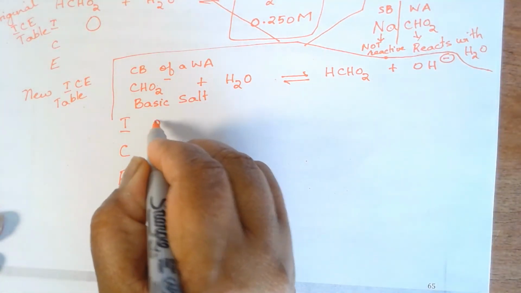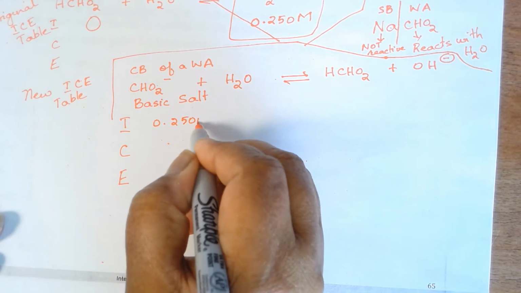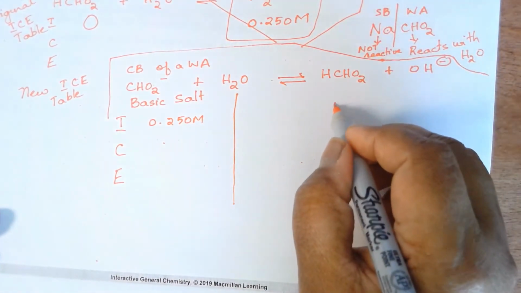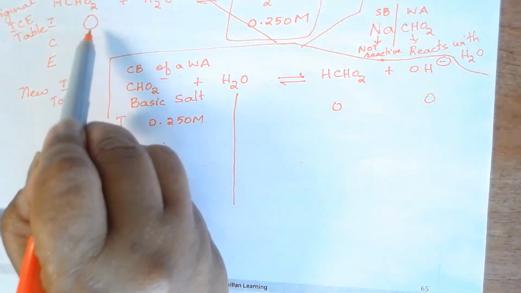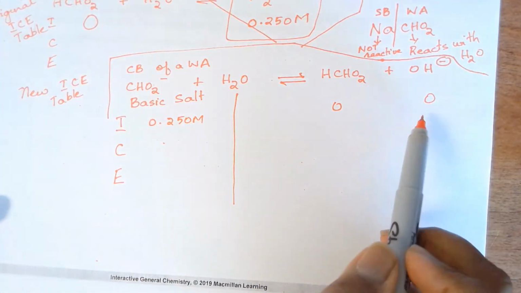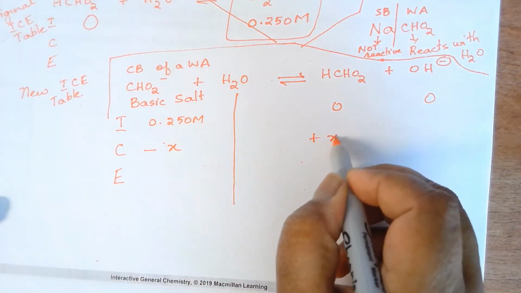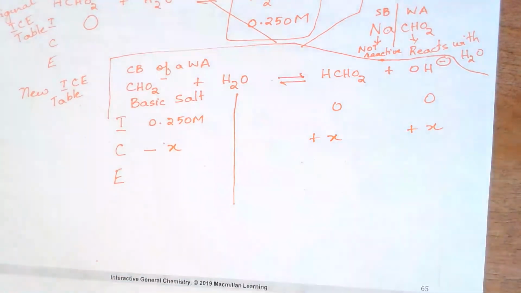Now the concentration here is 0.250 molar. Ignore water. Remember, this is 0. Initially that is 0, minus x, plus x, plus x. Just a second, to shut off the noise.